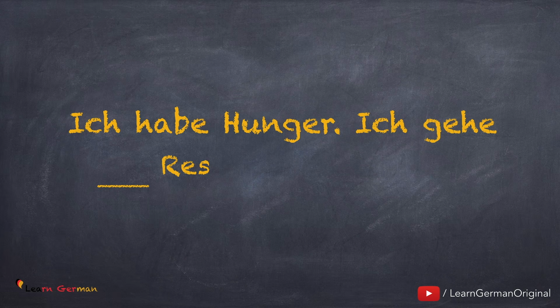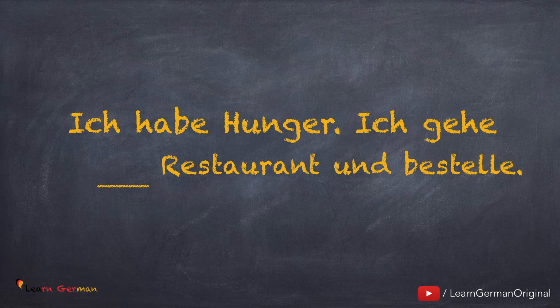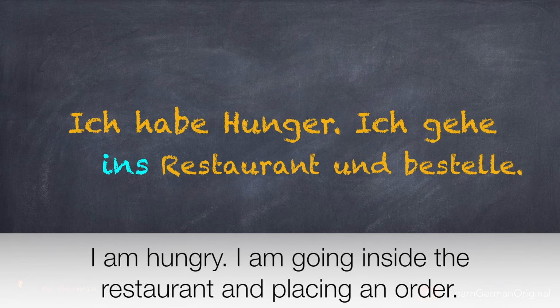Here's the next one. And the answer is Ich habe Hunger. Ich gehe ins Restaurant und bestelle. Well, you could also use zum here, but you have to go inside a restaurant to place an order.